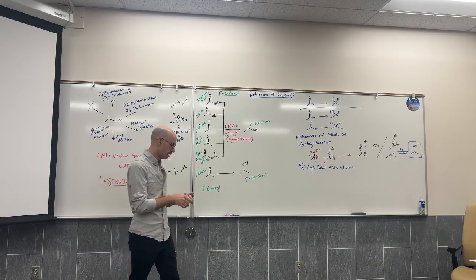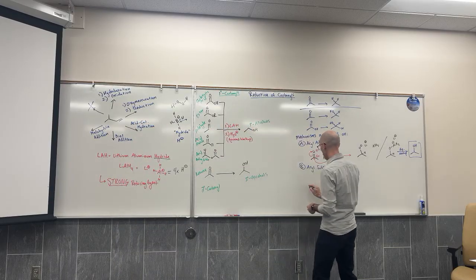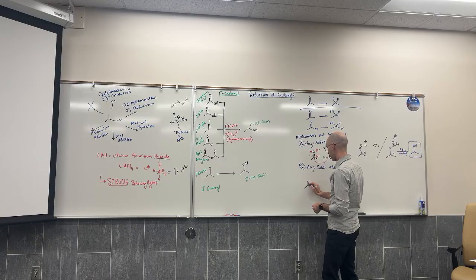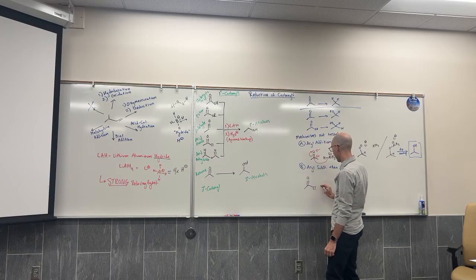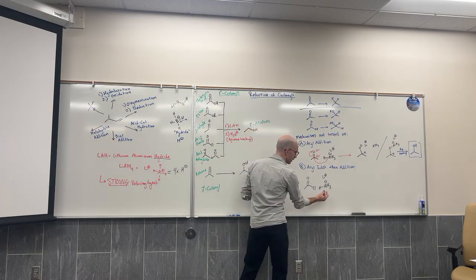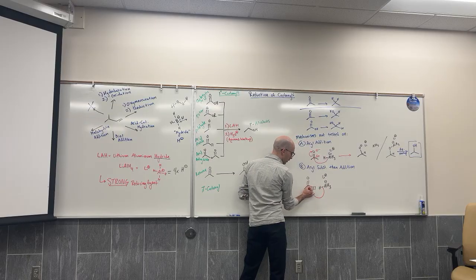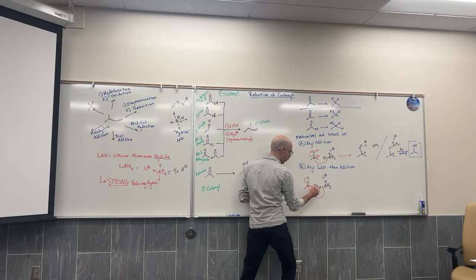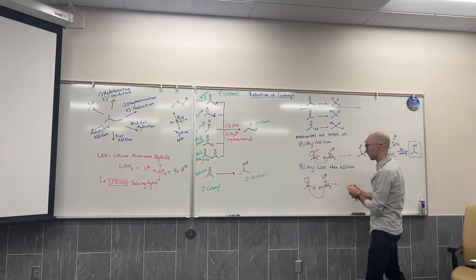So, if we take an example of the acid halide with our strong reducing agent, we'll once again see hydride attack the carbonyl and break open the pi bond.